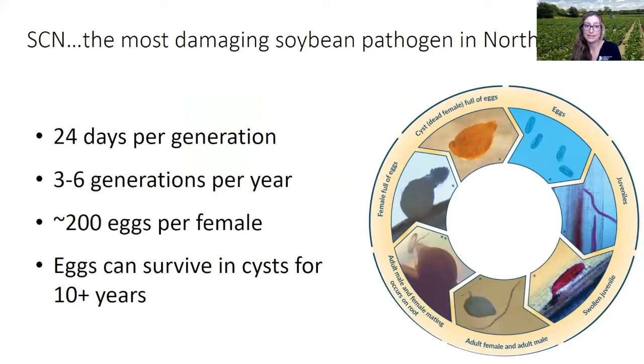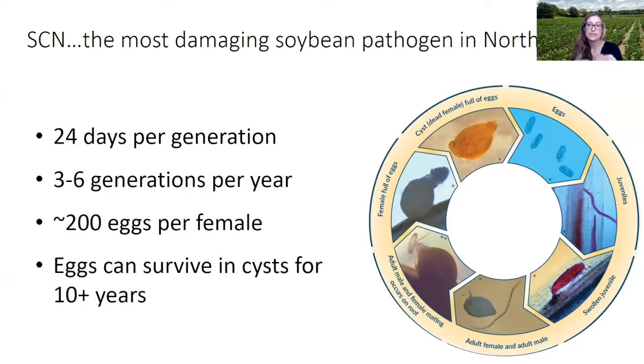Once you get it, it's sort of stuck there, and it can make many generations per year. So we're going to have these females that eventually will fill with eggs, and that body turns into a cyst that can survive in the soil for long periods of time. It's kind of depressing how long these can survive. There's studies where folks are looking at longevity, and 10 plus years they can stay.